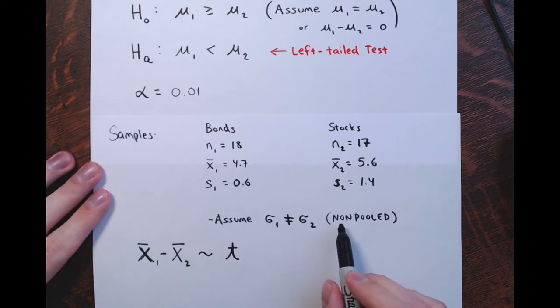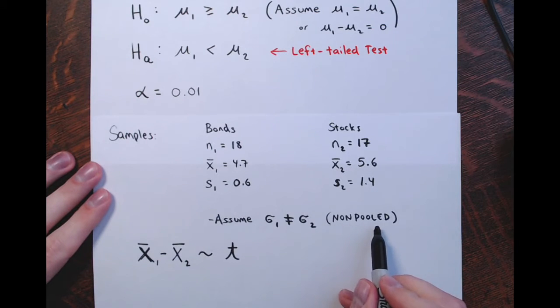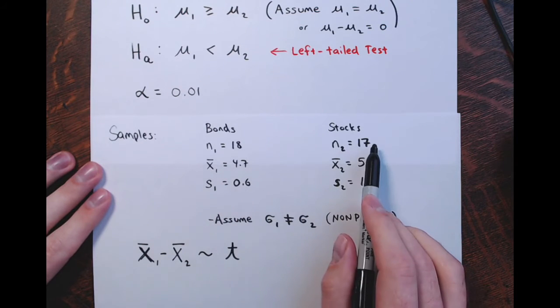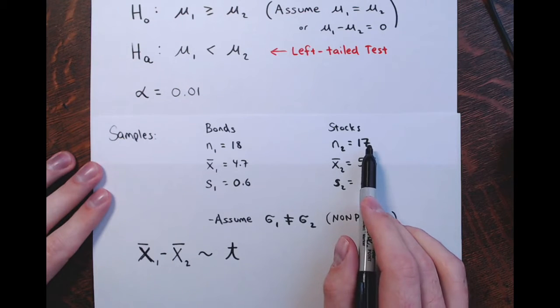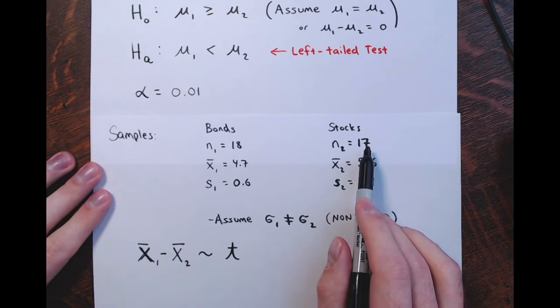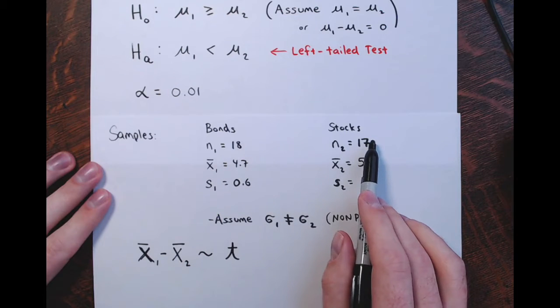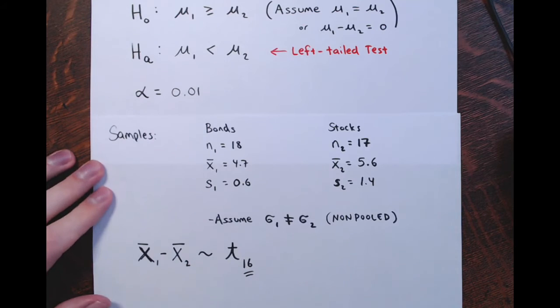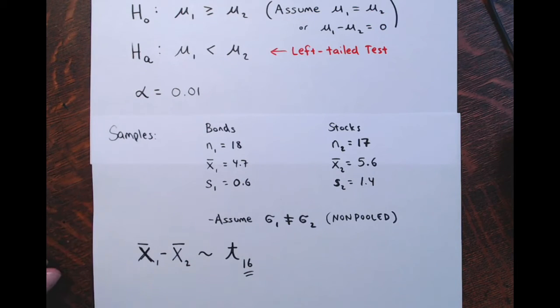With, in the non-pooled scenario, remember the number of degrees of freedom was the smaller sample size minus 1, just to be more conservative, for a very conservative estimate. So the smaller sample size here is 17, minus 1 is 16. So we're looking at a student's t distribution with 16 degrees of freedom.